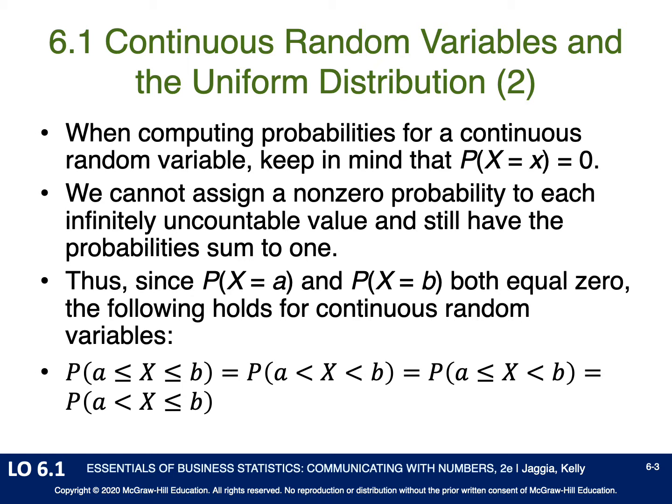But what we can do is calculate a probability for a range. So we could say the probability that X is greater than or equal to A, or less than or equal to B, where A and B are our lower and upper limits in our range.